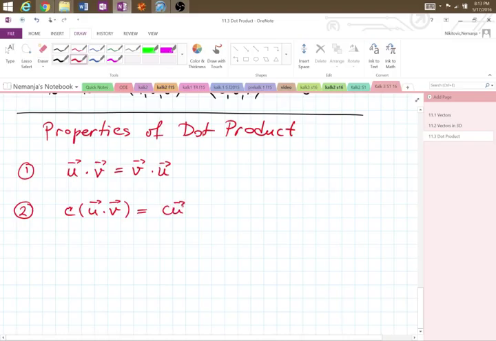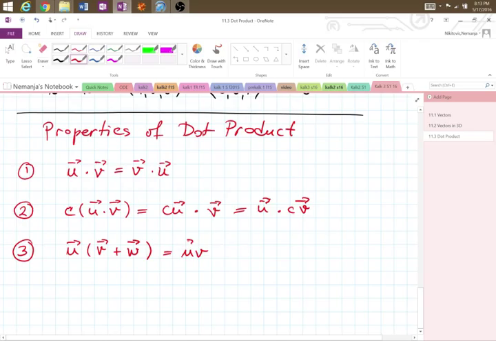So we have c u dotted with v, or u times c v. This c is just going to scale it, and you obviously use it on only one, not on both. You're not distributing. Next is the distributive property: u dot (v plus w) is u dot v plus u dot w. That would be the distributive property.